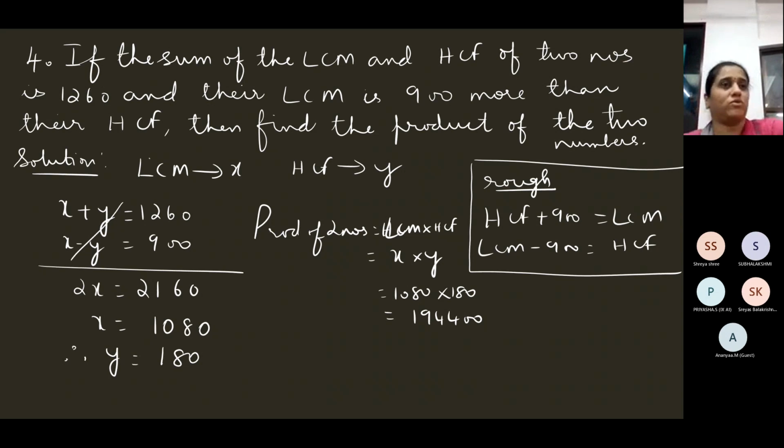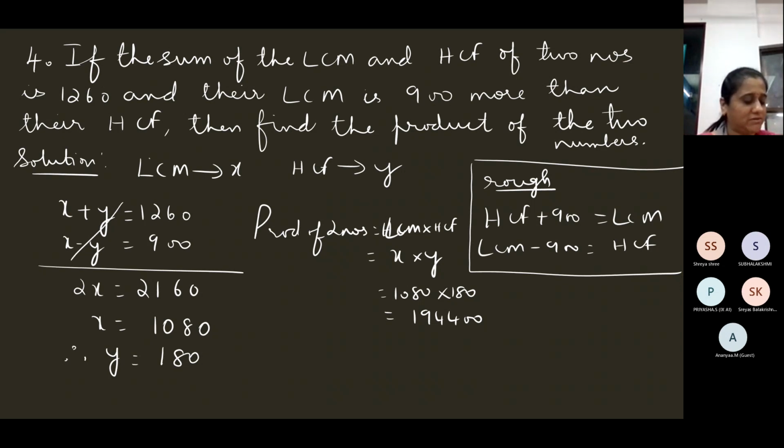Pass your book. You got the same solution? Sorry to trouble you. 900 plus X. Okay, 900 I understand. X is what? LCM or HCF?